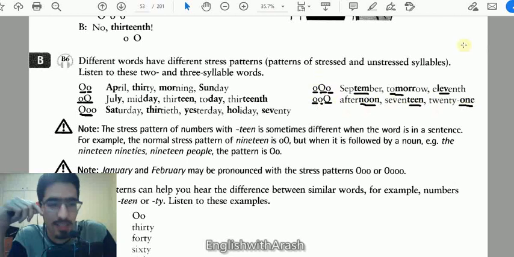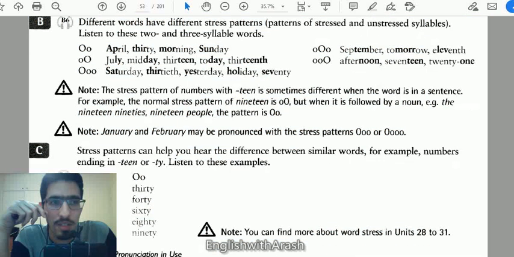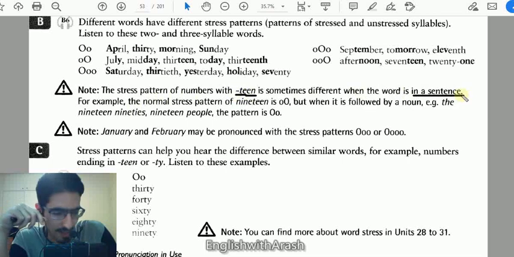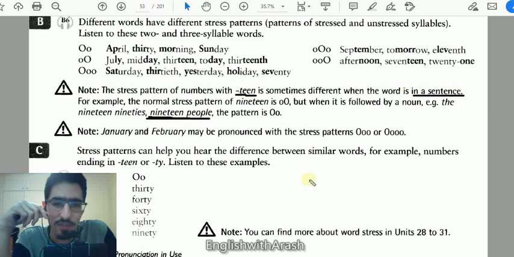I'm getting disconnected again. The note says the stress pattern of numbers with teen is sometimes different when the word is in a sentence. I think Mahsa asked this. Yes. So when you have a noun after this, the stress pattern is different.